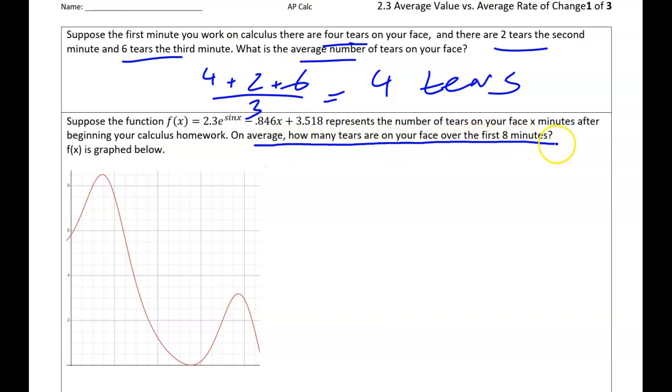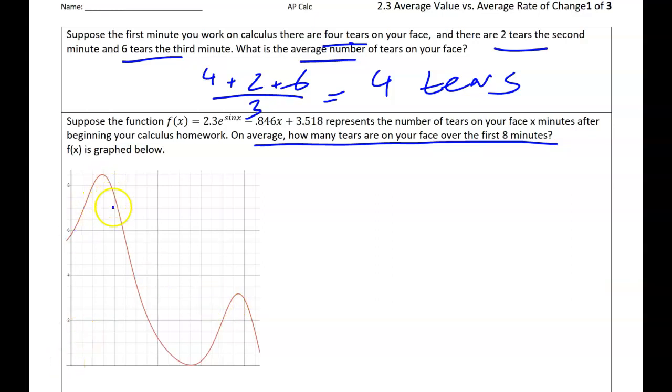On average, how many tiers are on your face over the first 8 minutes? And then I gave you a graph of f of x, and notice we start with about 6 tiers on our face, and then we peak at higher than 8, and then eventually we get down to 0 tiers, and then we go back up a little bit again. So true emotional roller coaster, calculus is.